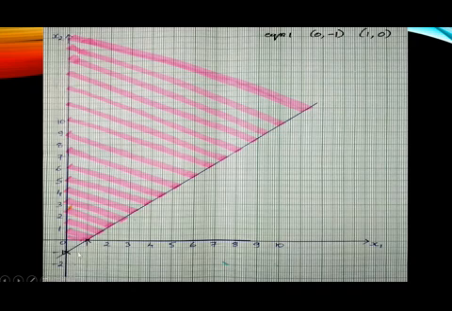So the line that I get is from here to here. But I am supposed to extend it on either side so that it passes through the first quadrant.